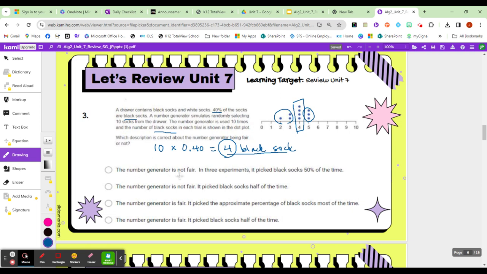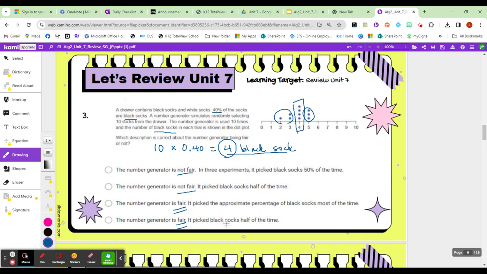They're not spread out like that. So this says the number generator is not fair. I'm going to disagree with that. This one says not fair. These two say fair. So it's going to be one of these last two because most of my data is centered around 4, which would mean 4 black socks. So this one says the number generator is fair. It picked the approximate percentage of black socks most of the time. The last one says the number generator is fair.